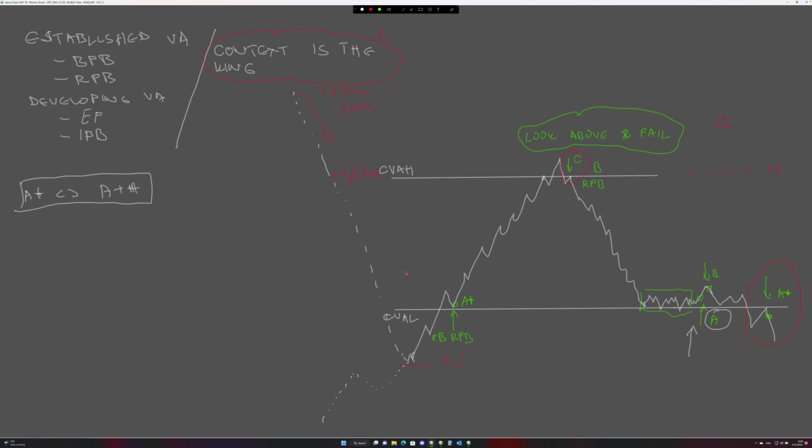In this case, these setups here become A plus plus plus setups. It's not B or C setups, but A plus plus plus. Why? Because we are following the higher time frames, and we are actually fading the shorter, lower time frames. But you have to keep in mind that on the yearly, when you are at a level, this level means a 50 to 70 points range.